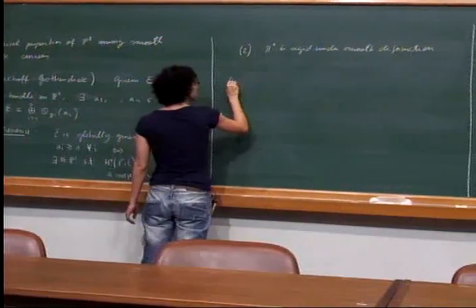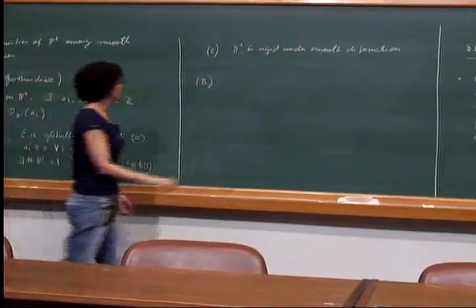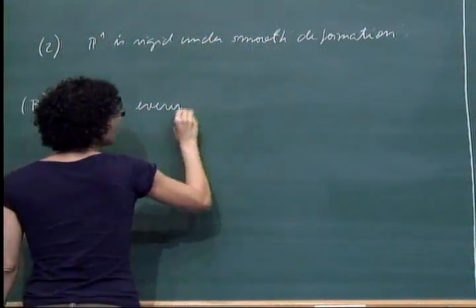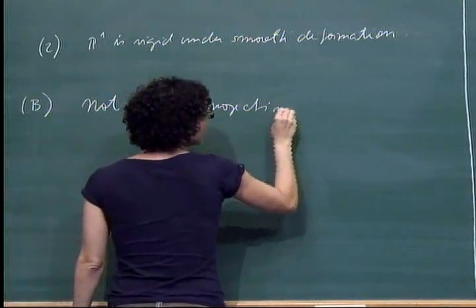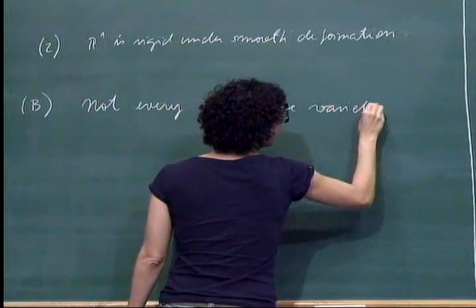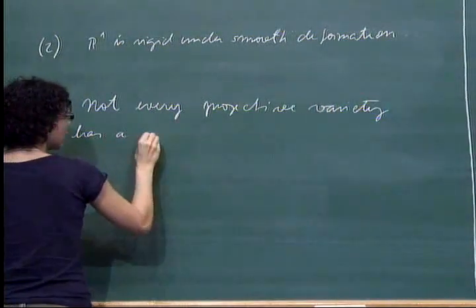Now to illustrate point B, I would like to point out that not every smooth projective variety has a rational curve.